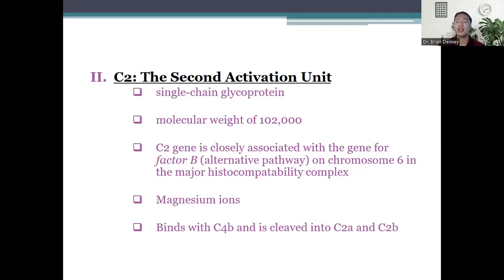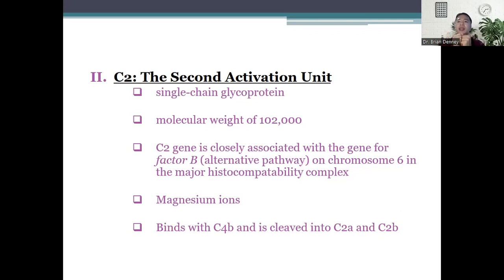What is the smaller fragment? This is the exception now. Remember, C2b. Which one is the larger fragment? C2a. Which participates in the cascade? C2a, which is the larger fragment. And so C4b bound to the surface of the microbial cell causes proteolytic cleavage of your C2, producing C2a and C2b.